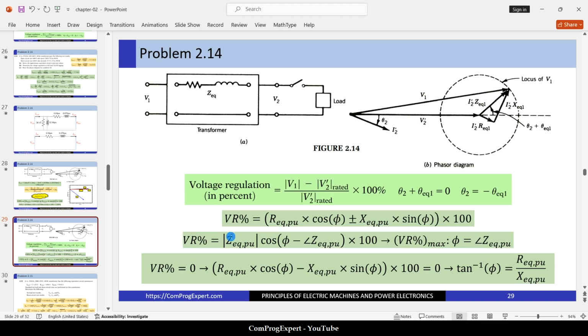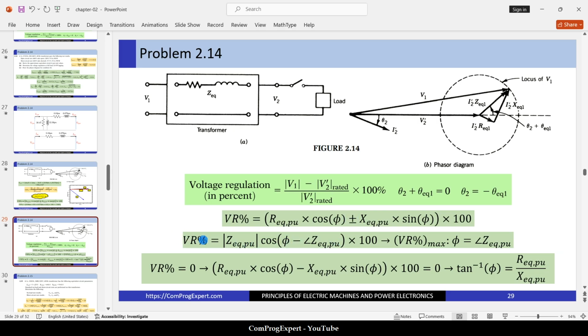The amplitude here I can also write as plus or minus, but because we know that the maximum voltage regulation occurs for an inductive load, I consider it plus here, and this is minus finally.